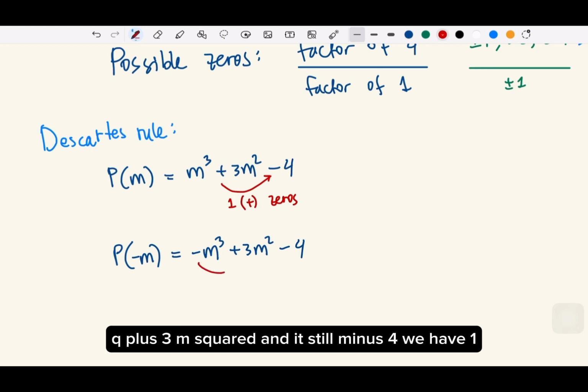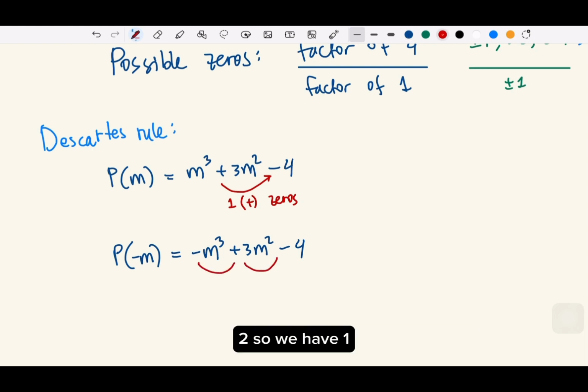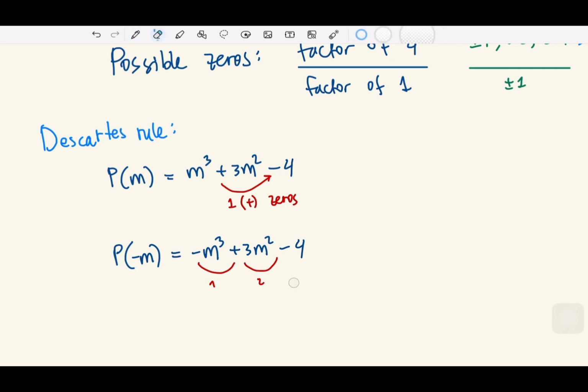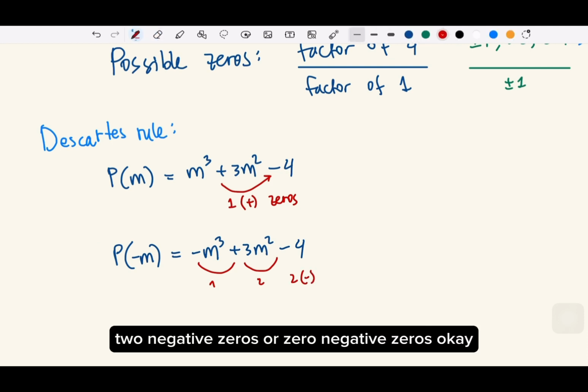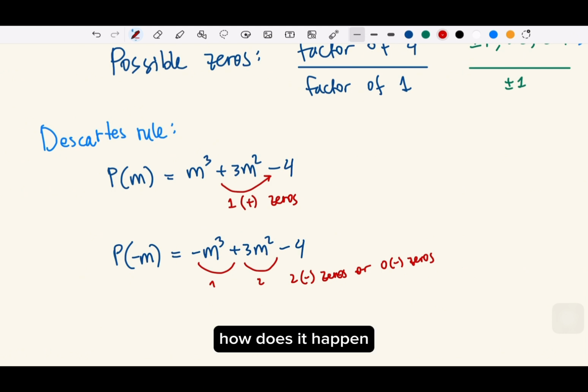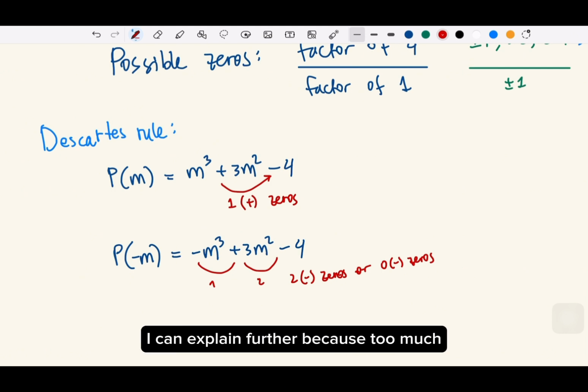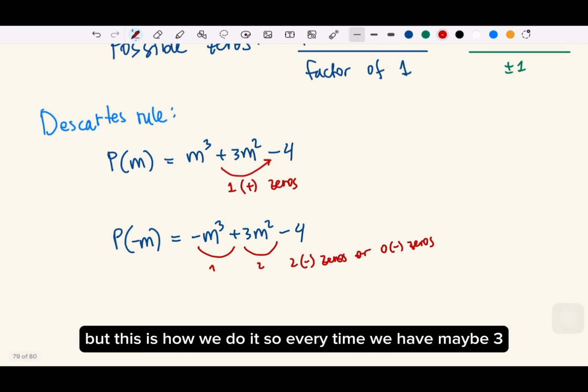We have 1, 2. So perhaps we have 2 negative zeros or 0 negative zeros. Okay, how does it happen? I cannot explain further because it's too much, but this is how we do it.